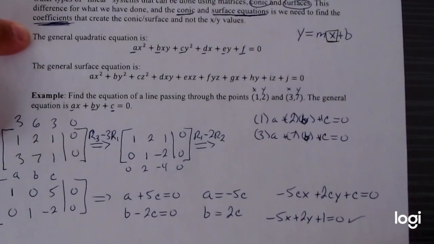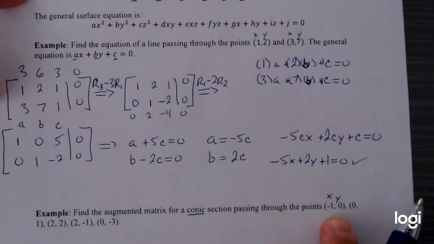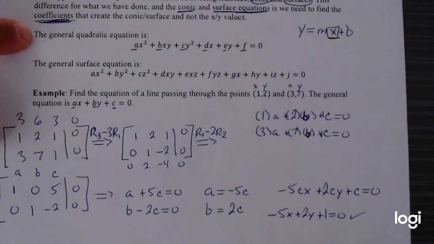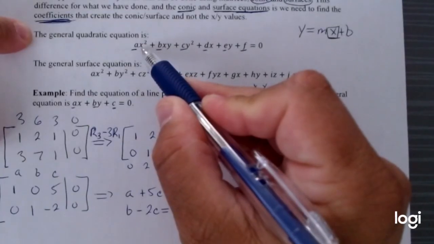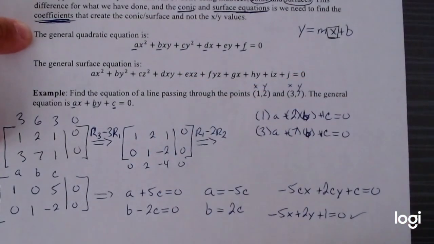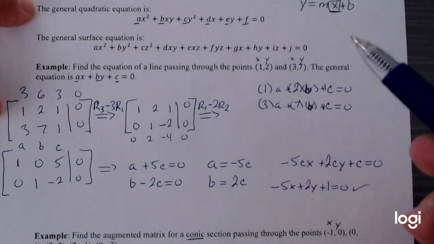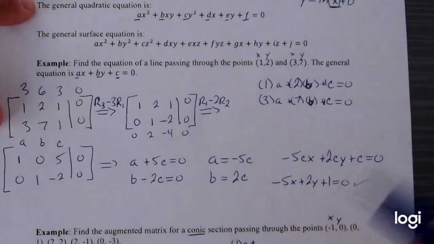So if I plug in negative 1, 0 for the first point, for x and y respectively, this is going to be negative 1 squared just gives you 1, so it'll be 1 times a. I plug in 0 and negative 1 for x and y. That just gives me 0. So 0b.